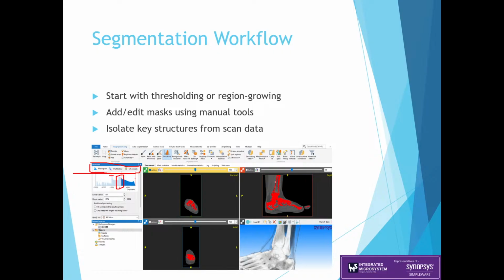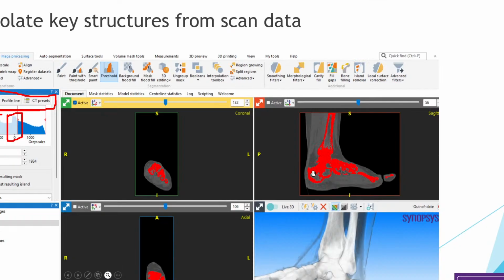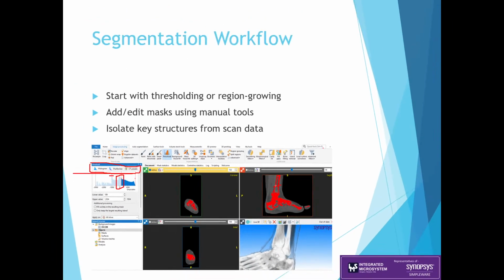The profile line tool works like this: let me zoom in on a particular slice. For example, we are considering these two points, and whenever we select these two points, it will show us the histogram range of the grayscale variation between this point and that point.